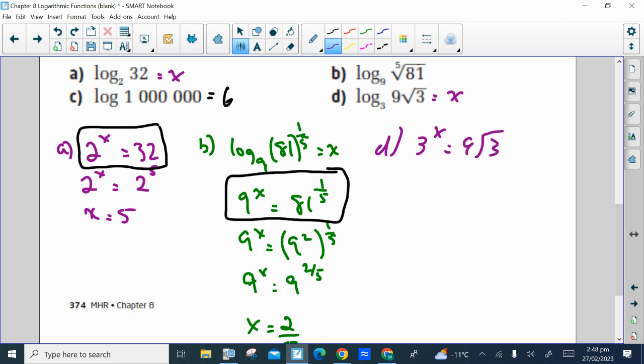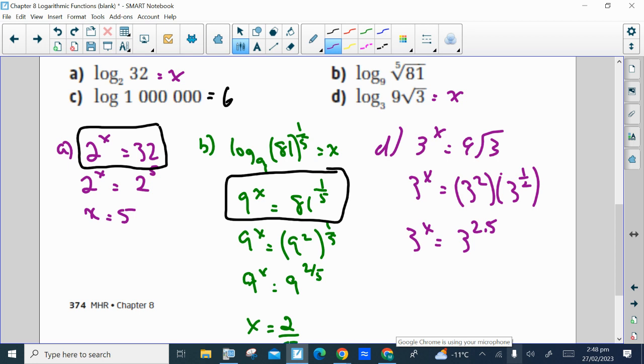Start with the base and cycle through. So this can be solved again by making the bases the same. 9 is 3 squared, and that's multiplied by the root of 3, which is 3 to the half. On the right, we're multiplying powers with the same base, so we add the exponents and keep the base the same. That'll be 3 to the 2.5, excuse me. Bases are equal, so the exponents will be equal as well. The value of that is 2.5.